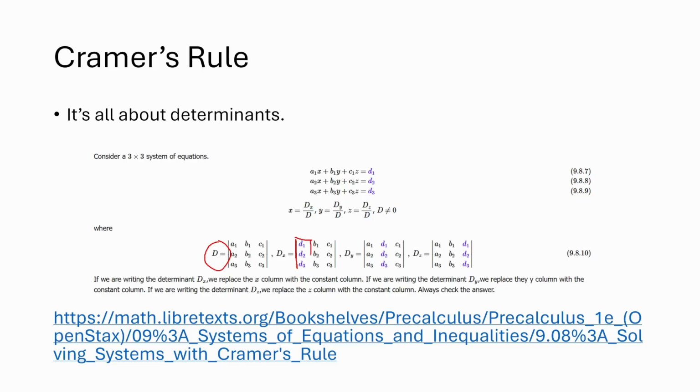So if you want to know x, then you replace the first column, because x is the first variable, with the inhomogeneous terms from the equations. And then you calculate the determinant of that, and the value of x, the final solution, is just the determinant of the x substitution matrix over the determinant of the coefficient matrix.